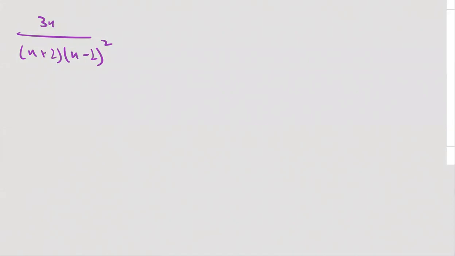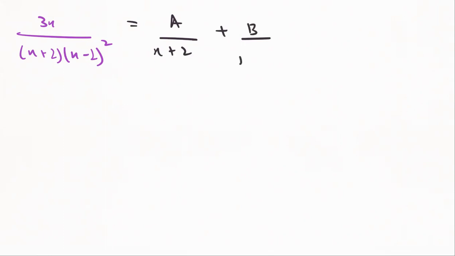For example, if we have repeated roots, if I am writing the equation 3x divided by (x plus 2)(x minus 2) square, so we all know that it can be written as a over x plus 2 plus b over x minus 2 plus c over (x minus 2) square.